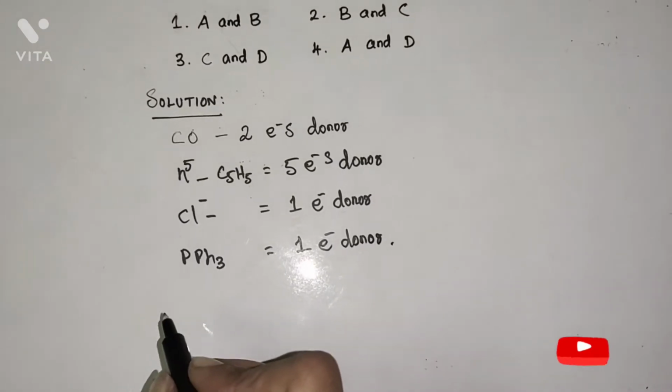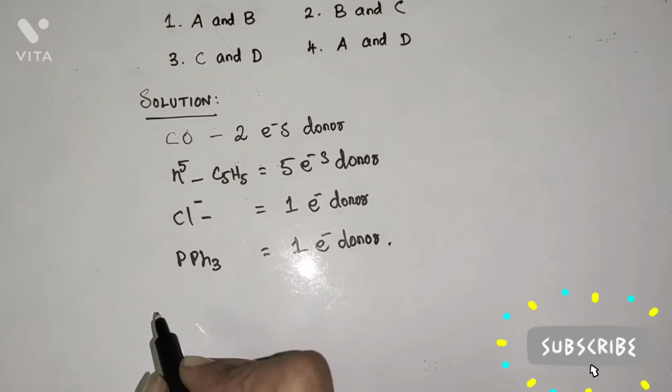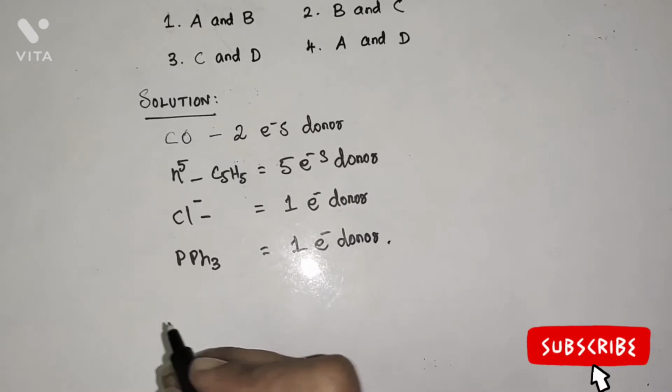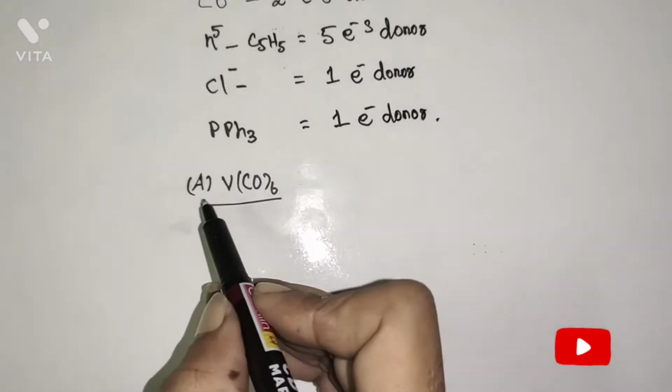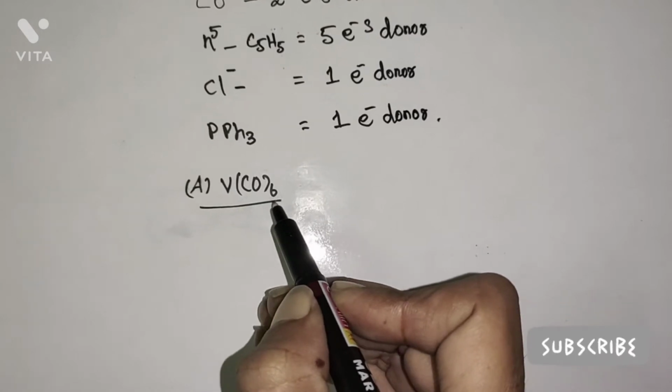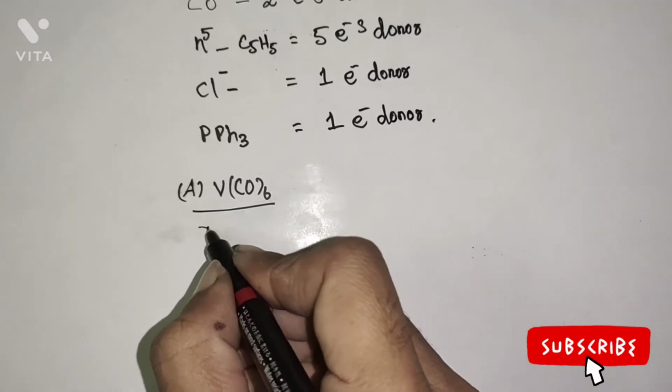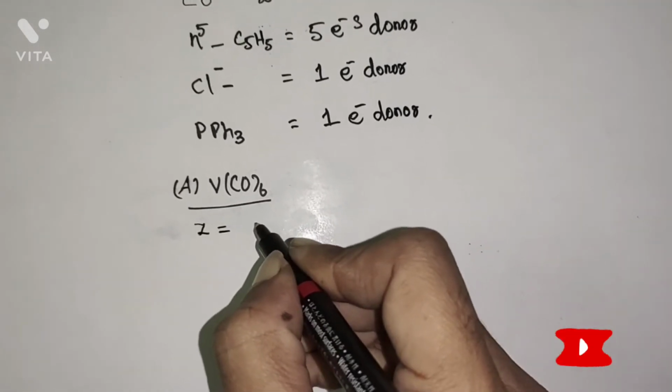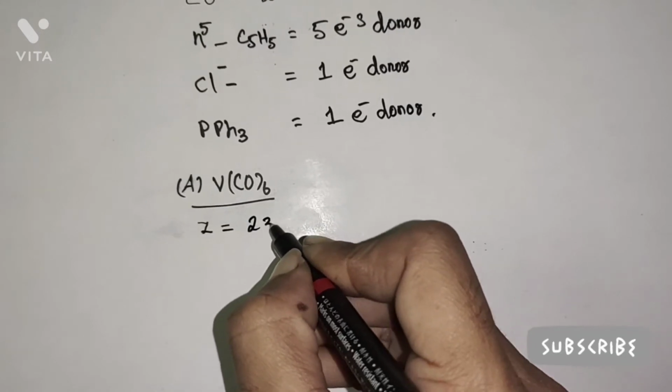Now I am going to count the total electrons present in the given organometallic compounds. The first compound is V(CO)6. The atomic number of vanadium is 23.